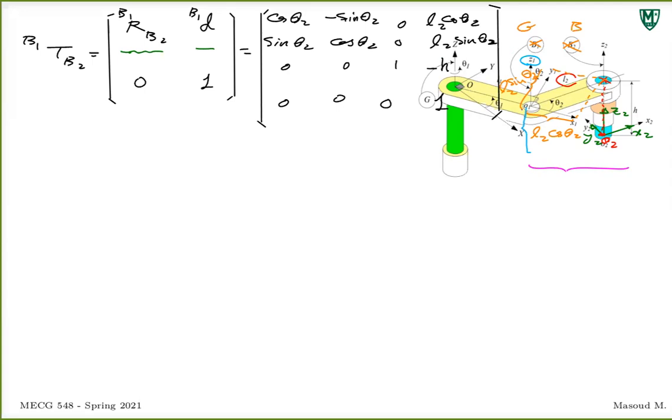You go where you should be, where your body frame is. Sometimes you have to do multiple rotations, two rotations, and then one translation. That's how you get your transformation matrix. We'll do more examples on this. This has to be understood.